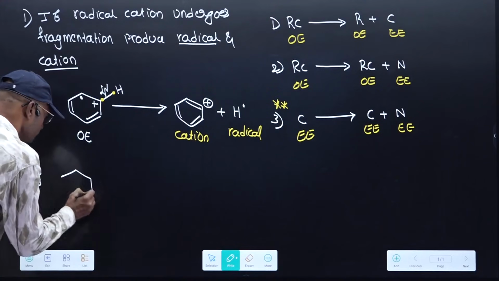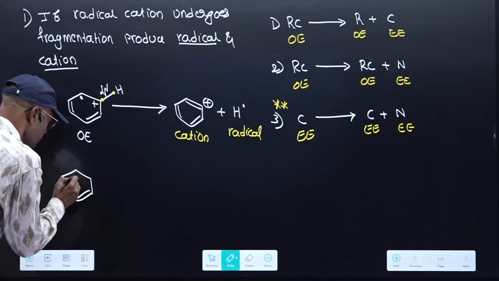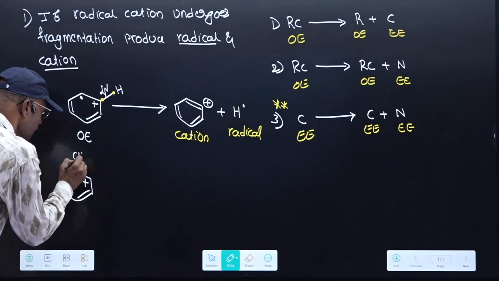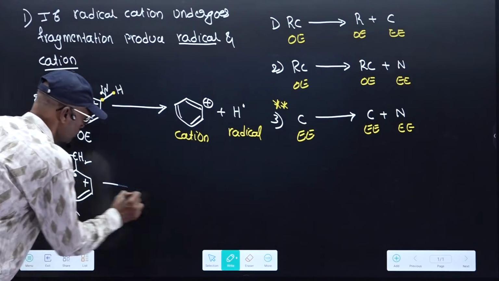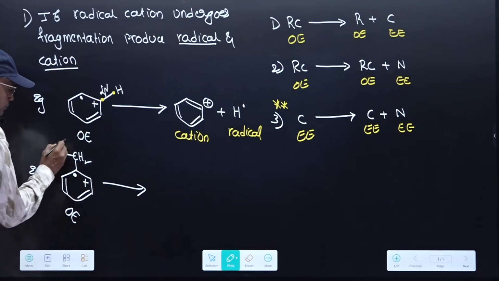See, this is one molecular ion, toluene, that I am writing. This is radical and this is cation, and here CH2H. Is it an odd electron or even electron? Odd electron. Now this odd electron undergoes fragmentation over here.